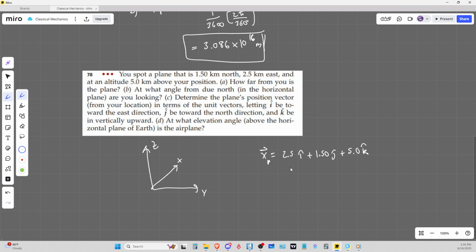So I guess we're gonna have to take the distance here, so the magnitude x. Let's see. Oh, they're all kilometers. So we're gonna have to do some simplification, or conversion, I should say.